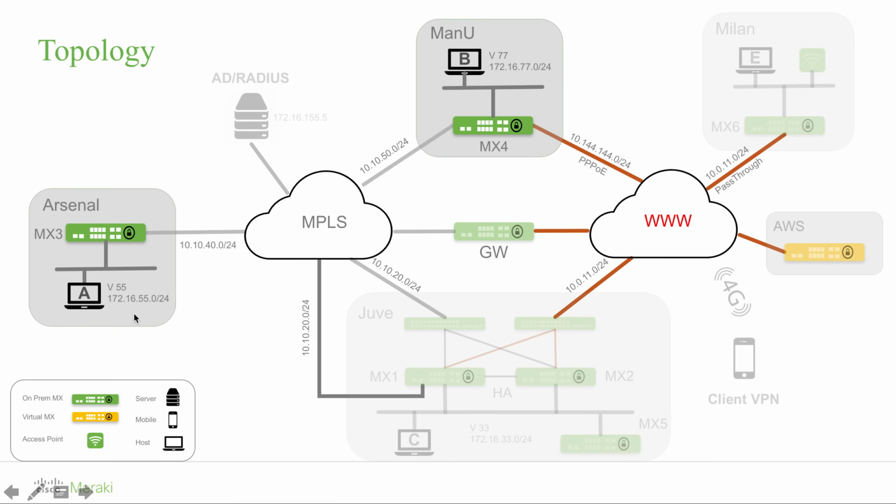So we have VLAN 55, we configure VLAN 55 with the subnet and get that pushed to the MX, and the MX now is ready to go. So this is how to get a device quickly connected up to the network. I guess we need to build the other ones because some of these devices are actually using PPP over Ethernet, and I want to give you an idea how it actually works. Some of them actually use a traditional Ethernet connection.